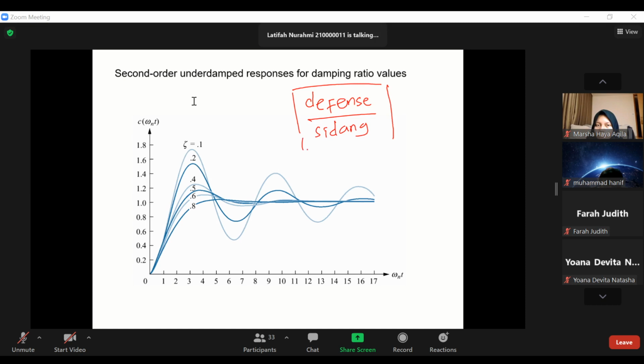This is the question and this is what it means. It's good to see so that you will understand what they will ask. In sidang or defense, they will ask more about physical meaning. So if you talk too much about mathematical equations, they will ask you about physical meaning.